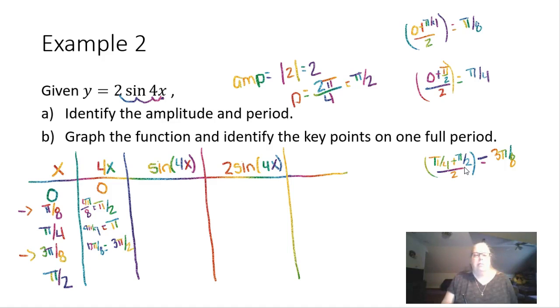And 4 times pi over 2, that's going to give me 4 pi over 2, but that reduces to 2 pi. And now you can see this column right here, y'all. These are the key points for the sine curve on the unit circle.